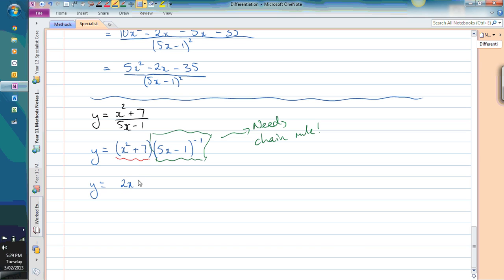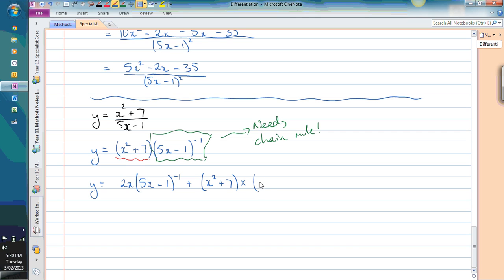First one differentiated is 2x, multiplied by the second part unchanged, plus, actually sorry, we'll do the first part unchanged, just the way we were doing it before. Okay, differentiate the first part, keep the second part unchanged, plus keep the first part unchanged, times the derivative of this, and again the derivative of this using the chain rule.